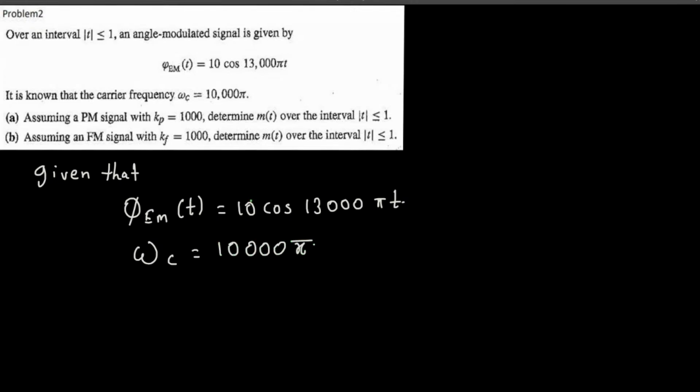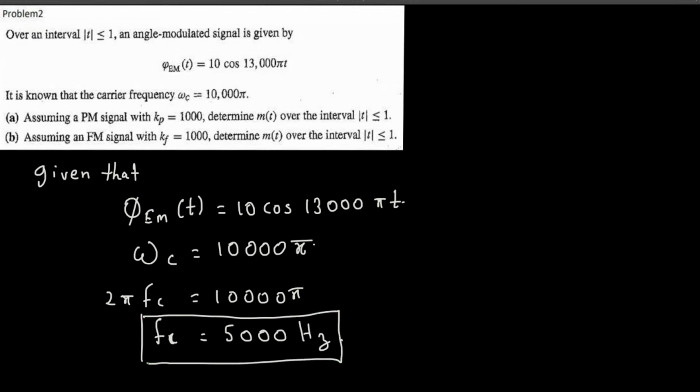And from this we can solve for fc, the carrier frequency. Here omega_c can be written as 2 pi fc, which is equal to 10,000 pi. Therefore fc is going to be the whole thing divided by 2 pi, so that's going to give us 5,000 hertz.